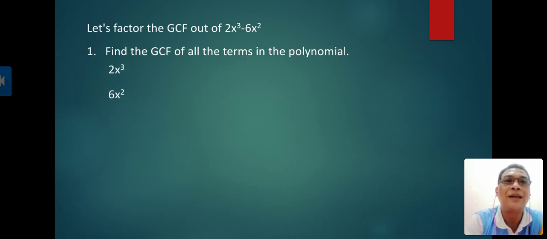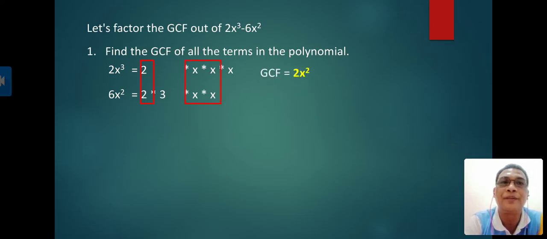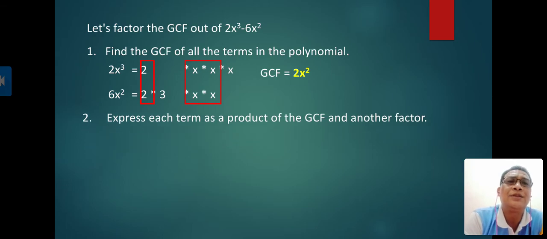So we have 2x cubed and 6x squared. 2 is a prime number multiplied by x, and 6 can be factored as 2 multiplied by 3. So our GCF will be 2x squared.